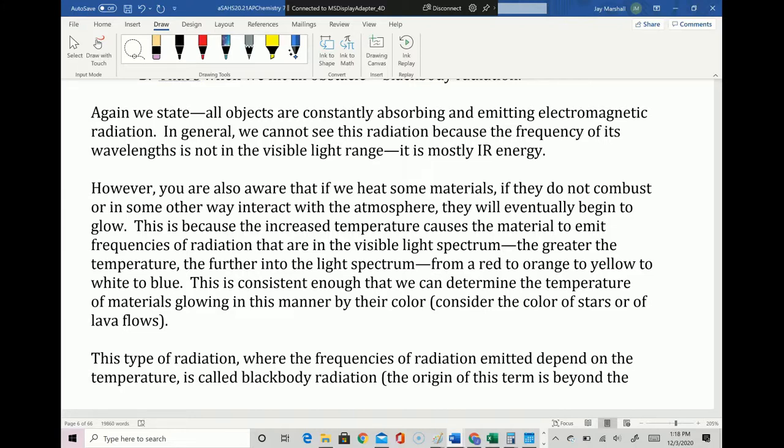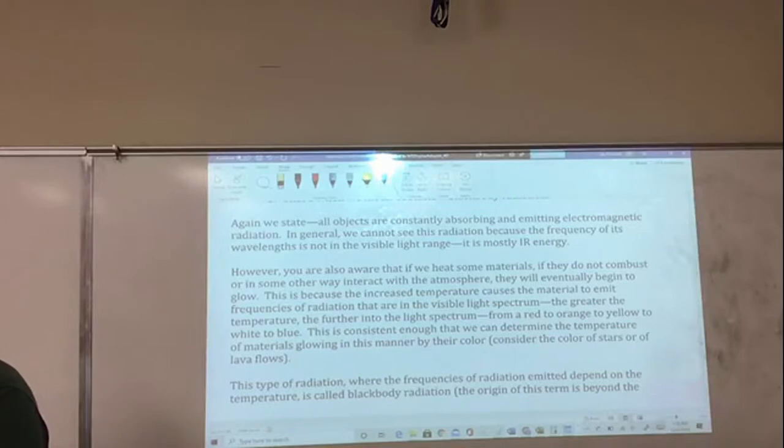Normally, a chunk of iron sitting on my desk is emitting infrared radiation. We can't see that. Okay? And in fact, at room temperature, it would probably be cold enough that even an infrared camera is not going to really see it, quote unquote.